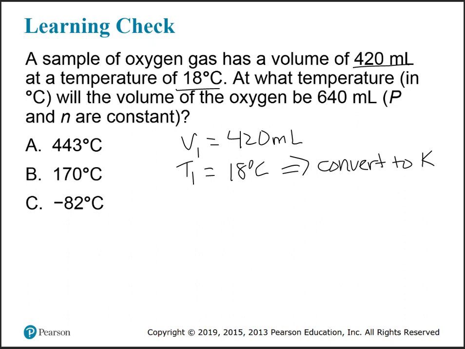At what temperature will the volume of the oxygen be 640 milliliters? That means we have a V2 of 640 milliliters, and we don't know what our T2 is, but they want us to report it in degrees Celsius.